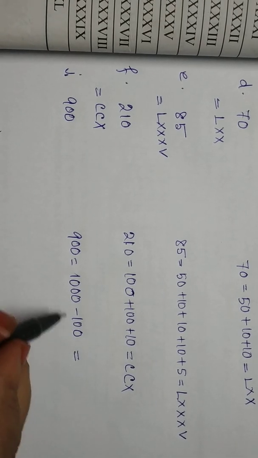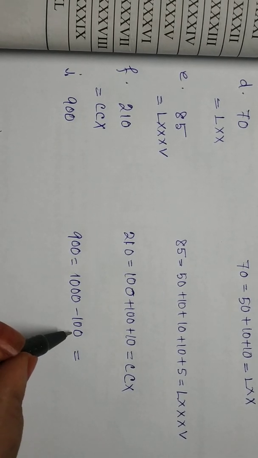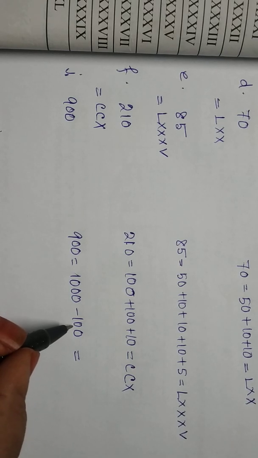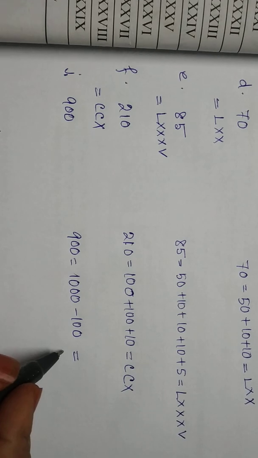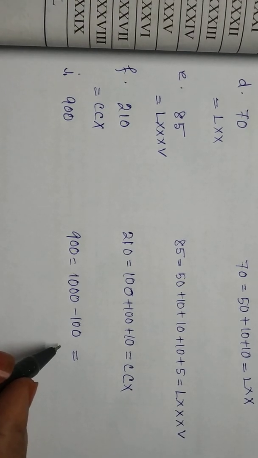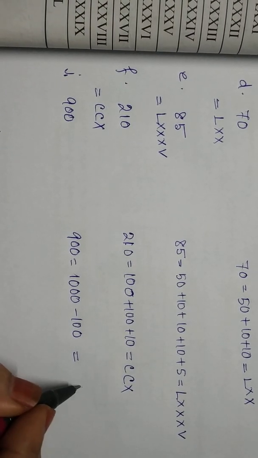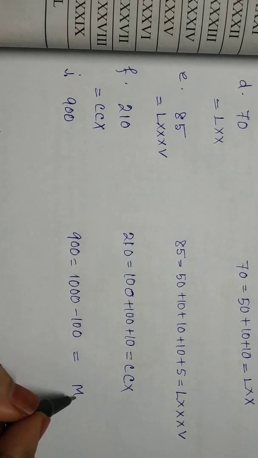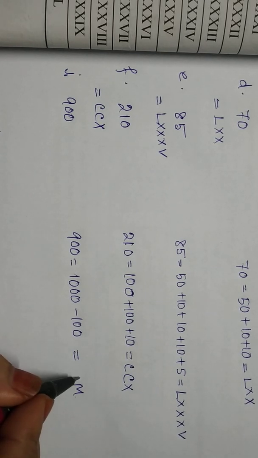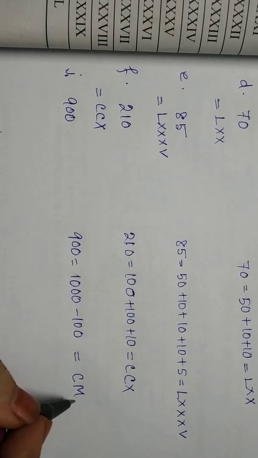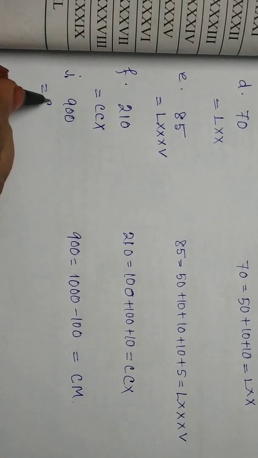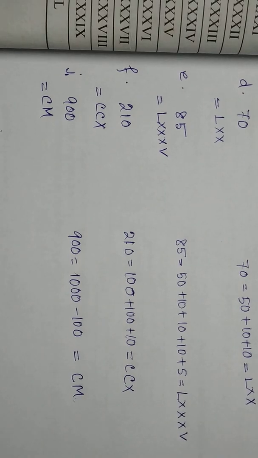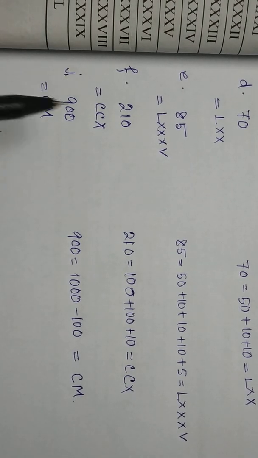If we want to subtract, we have to write the smaller value on the left side of the greater value. 1000 means M and 100 means C. Therefore C we have to write on the left side of the greater value, CM. Therefore 900 means CM.